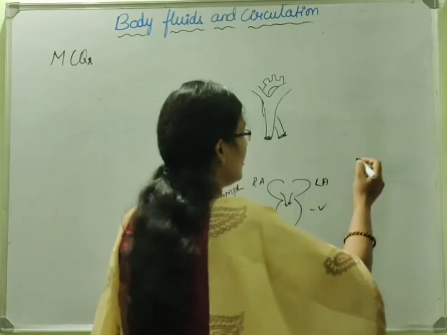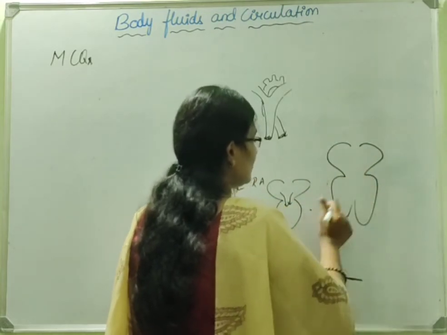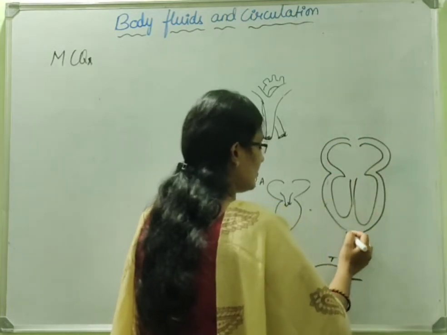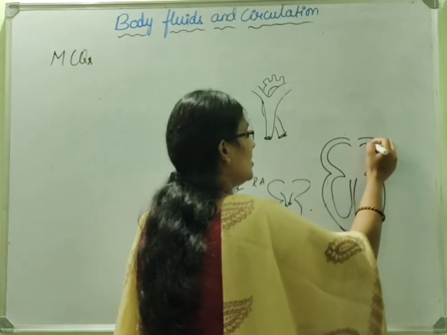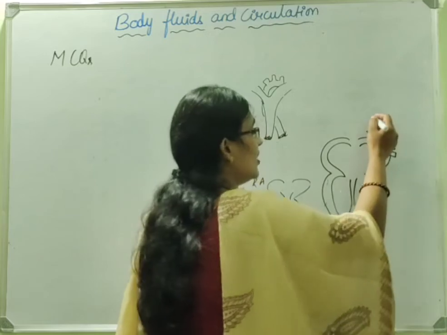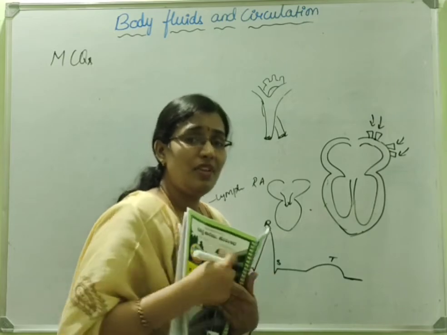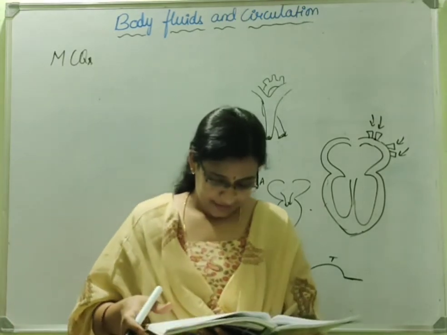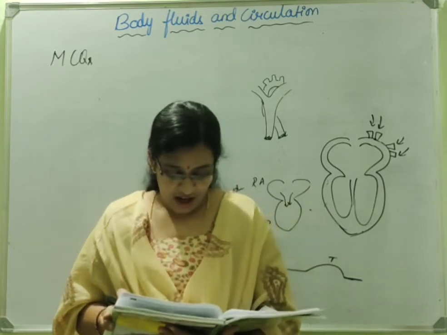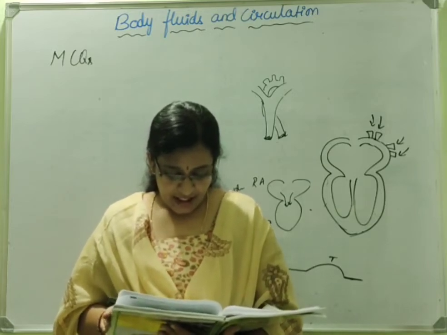So here there are two pairs of pulmonary veins which carry the oxygenated blood from the lungs to the heart. So option B.